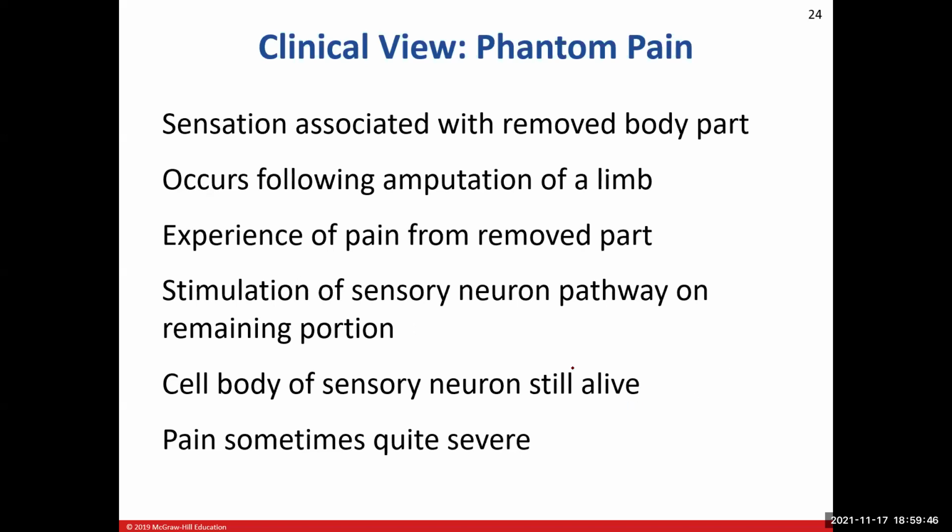But guess what is still in place? The pathway. The sensory neuron pathway is still in place. And as long as the cell body for that sensory neuron is still alive, the pain will still be transmitted. So usually we just have to do some nerve ablation there and get rid of some of those sensory neurons in that pathway, then problem solved.